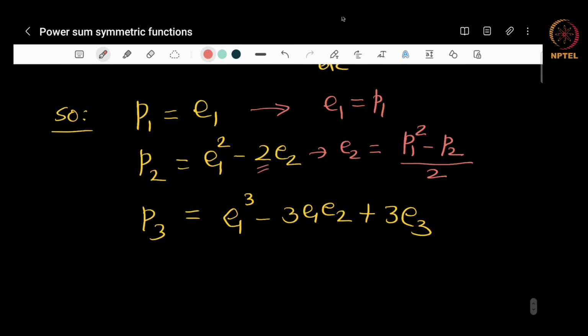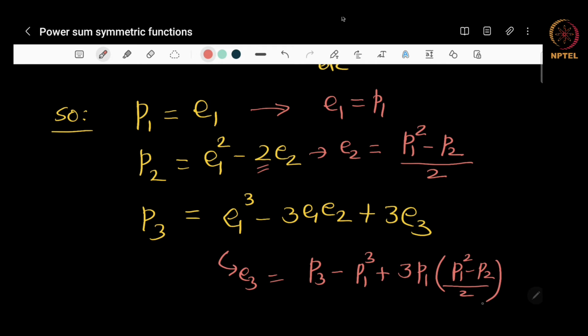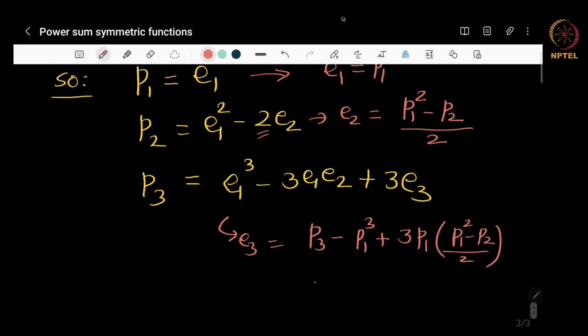Now when I do this, you'll see E3 again, recursively. E3 similarly will become P3 minus E1 cubed, which is P1 cubed, plus 3 E1, which is P1, times E2, which is what we just wrote out, P1 squared minus P2 over 2. I do all this, but then at the very end, I have to divide by 3, because that's the coefficient in front of E3.